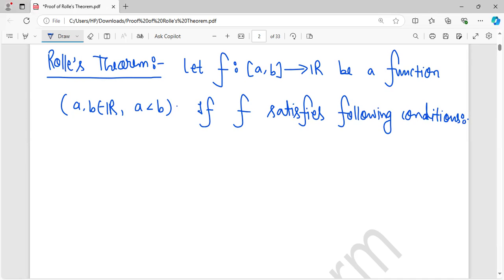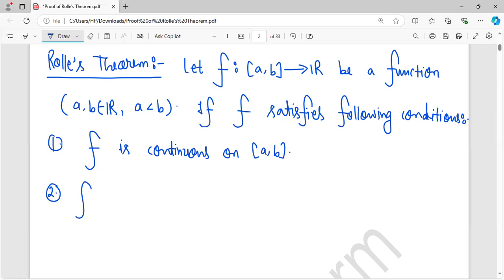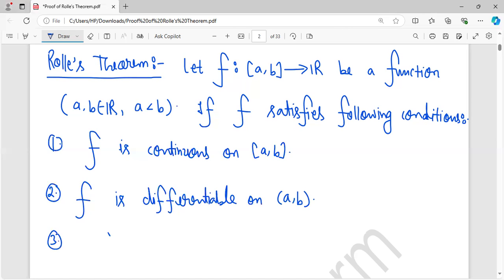First condition is f is continuous on closed interval [a, b]. Second, f is differentiable on open interval (a, b).